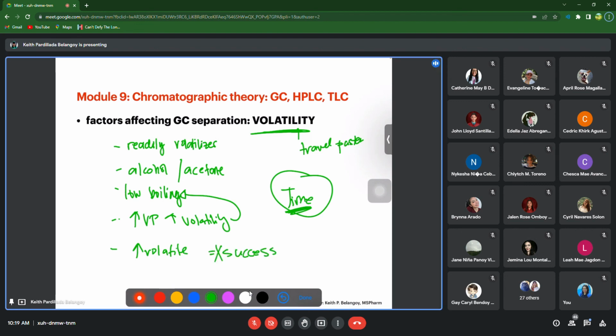So if they are more volatile, of course, when we say volatile, it means it doesn't stay on the surface or doesn't stay in the place we want, right? That's why it is very volatile. So instead of staying in our stationary phase, because it is volatile and there is heat, because you have gas, right? So there's heat.